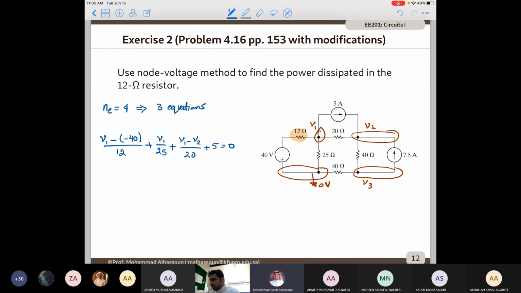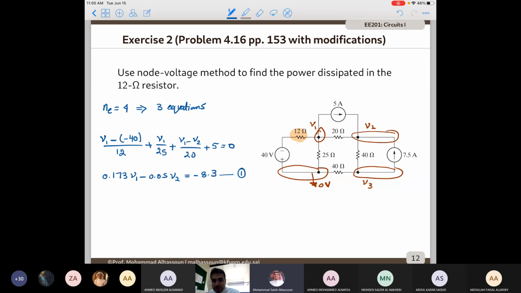So if I simplify it, I will end up with the following equation: 0.173 V1 minus 0.05 V2 equals negative 8.3. So this is the first equation.